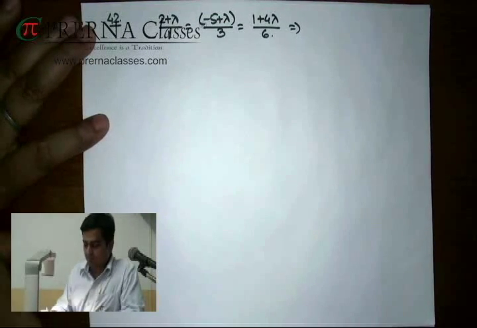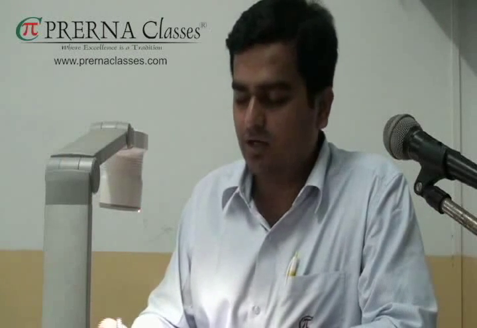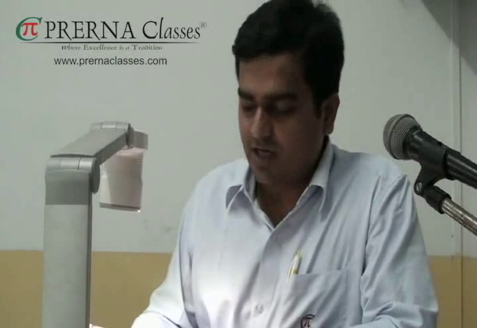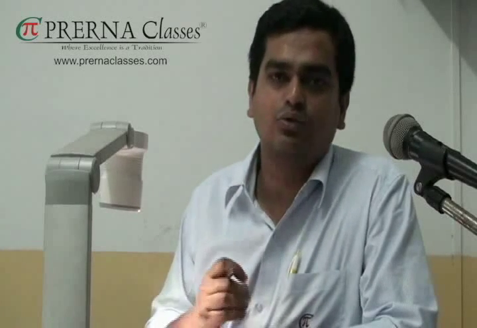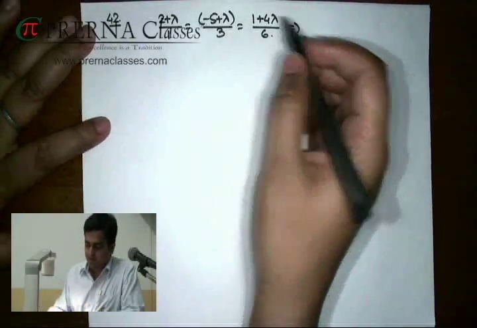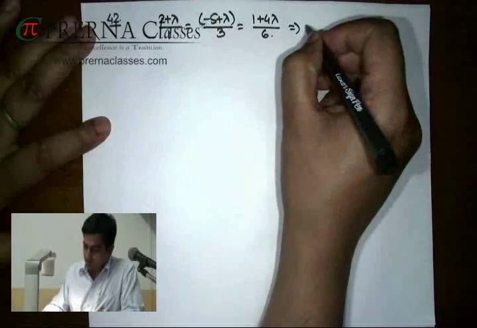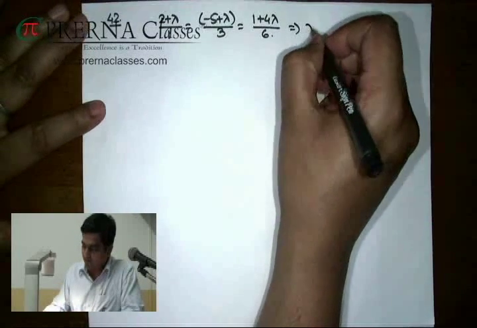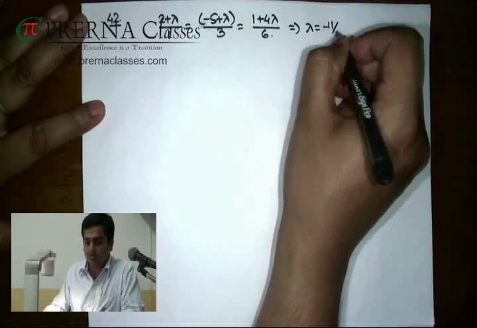After solving these equations, you can say that you have only one unknown, but why do we have one extra equation? That extra equation is to check whether the assumption we have taken is possible or not. You should be getting the same value of lambda from this because it's given in the problem. If you simplify this whole matter, you will find that lambda is going to be negative 11 by 2.